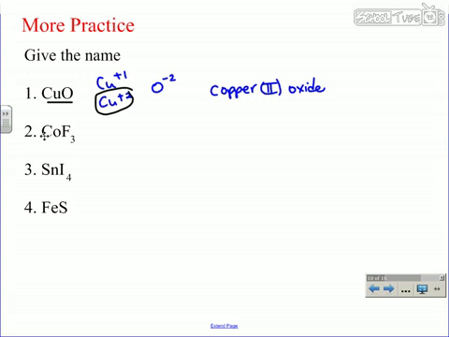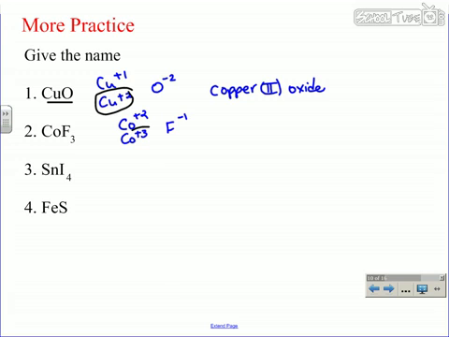Number 2, cobalt and fluorine. Cobalt, transition element, check your ion sheet. Does it need a Roman numeral? Yes, it does. What are my options for cobalt? We have cobalt plus 2 and cobalt plus 3, combining with fluoride, whose charge is always -1. So which of the 2 cobalts combined with fluoride to make this formula CoF3?